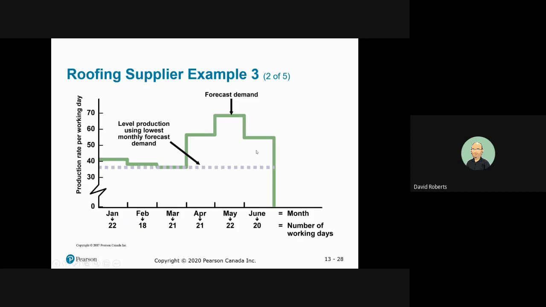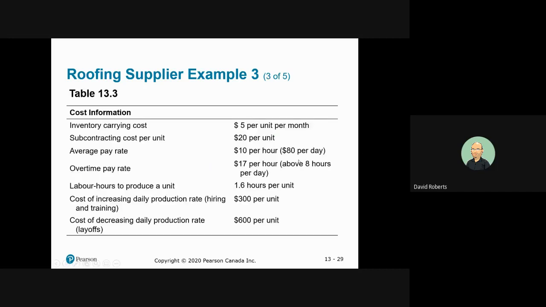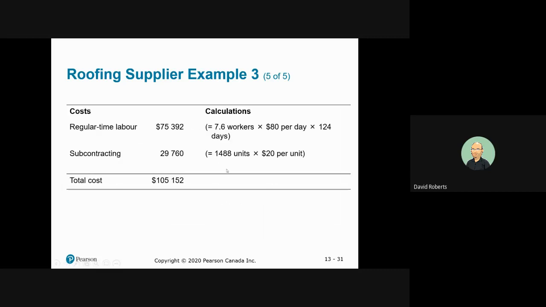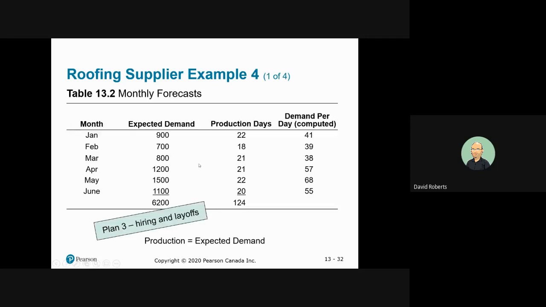And in this particular case, you have a shortage in January and February, just the right amount of March, and you would bring in subcontractors to fill in the gap between the dash line and the solid line. Again, here's the rates. Here's the calculations. And this costs $105,152, which is less than the 108.